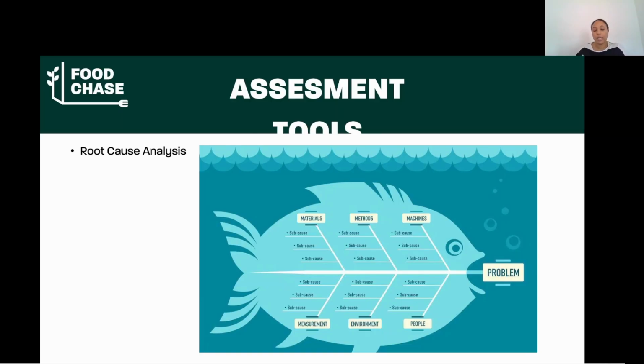Common techniques in this root cause analysis include the 5 whys method and the fishbone diagram. What we're looking at right now is the fishbone diagram, and the goal of this whole analysis is to reach the underlying cause and understand the root problem, and not just to fix it.